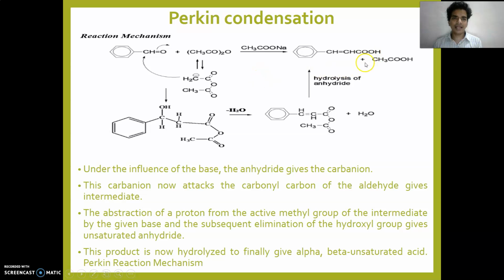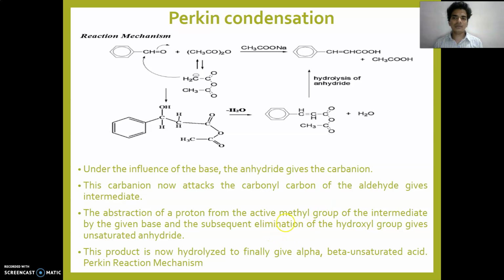The reaction mechanism: under the influence of the base, the anhydride gives a carbanion, and this carbanion attacks the carbonyl carbon of the aldehyde and gives an intermediate compound. In that intermediate compound, abstraction of a proton takes place from the active methyl group by the base, followed by elimination of the hydroxyl group, giving an unsaturated anhydride.